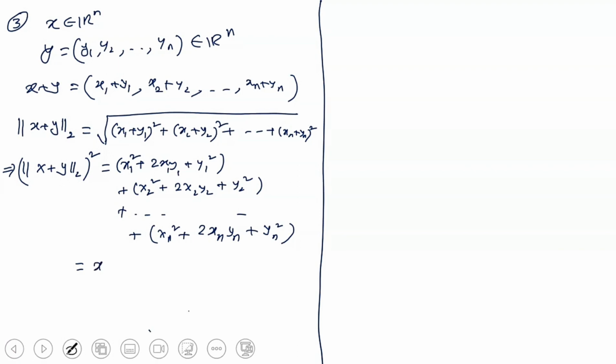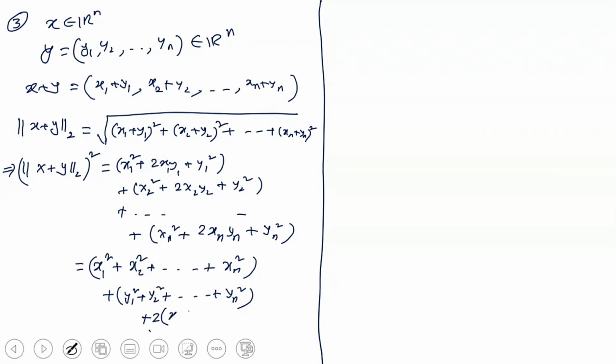So you will get x1 square plus x2 square plus xn square, plus y1 square, y2 square, yn square, and the remaining part is 2 times x1 y1 plus x2 y2 plus xn yn.